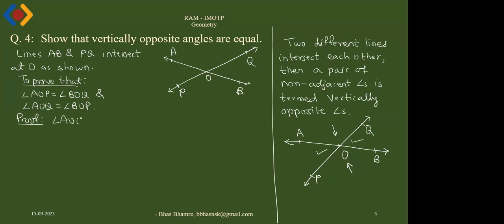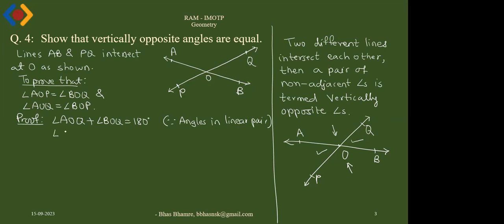So our proof goes like: angle AOQ plus angle BOQ is 180 degrees. The reason is angles in linear pair. You can see in the figure where these angles are. Angle AOQ and angle BOQ are in linear pair.